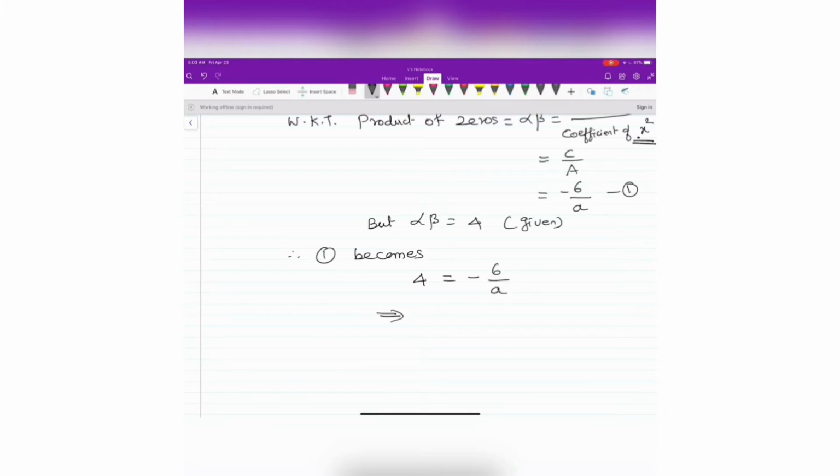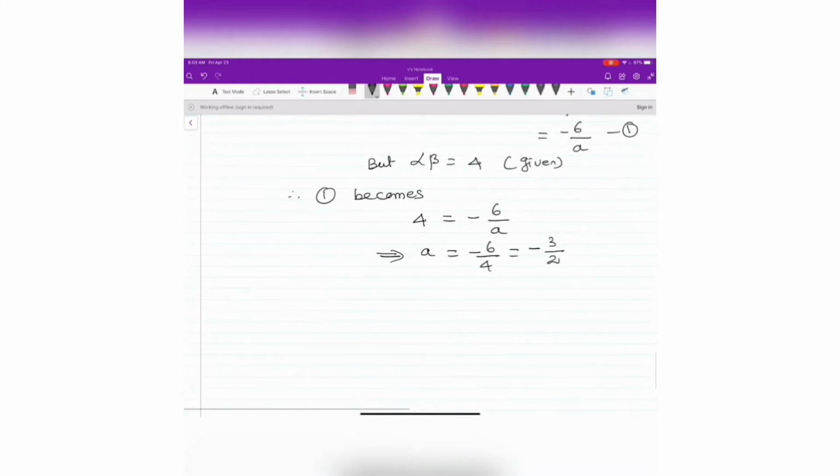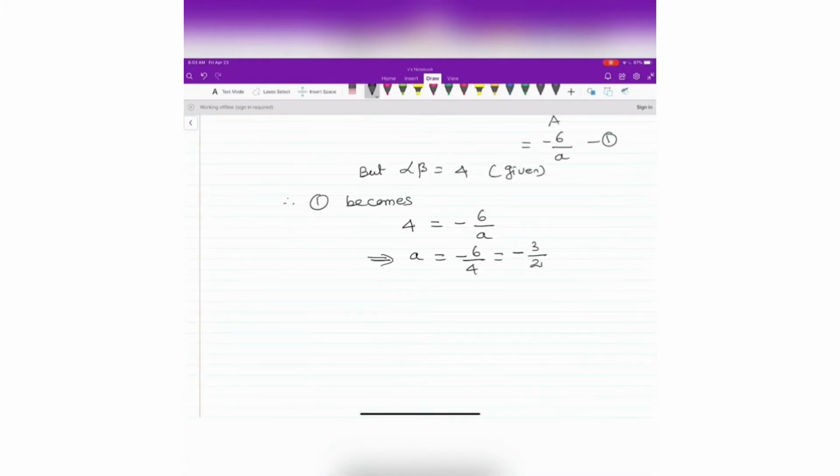This will give you a is equal to minus 6 by 4, which is minus 3 by 2. So finally you have to write, therefore the value of a is equal to minus 3 by 2.